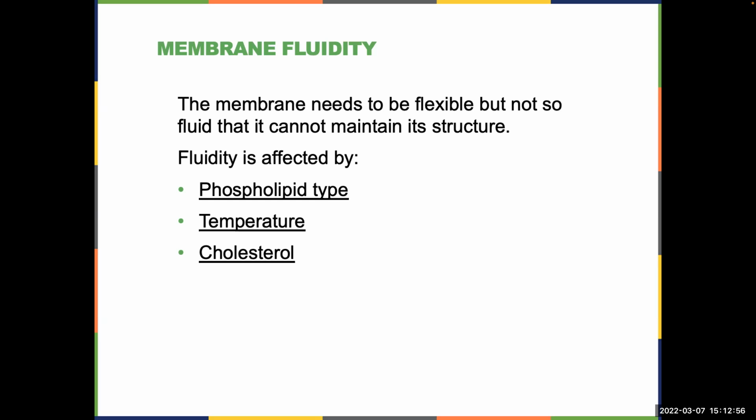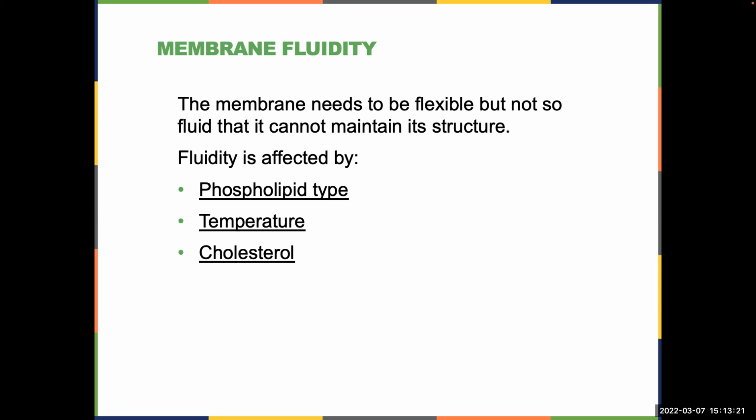Okay, so the membrane needs to be flexible, as you saw in the video where they poked it and it kind of moved, it didn't break apart. The little bit that seemed to break apart reformed very quickly. So it needs to be flexible, but not so flexible that it completely loses its structure.